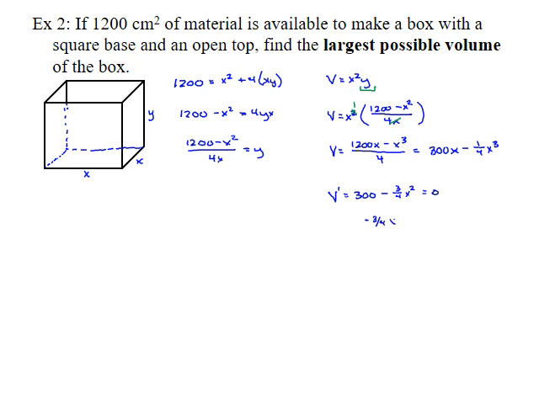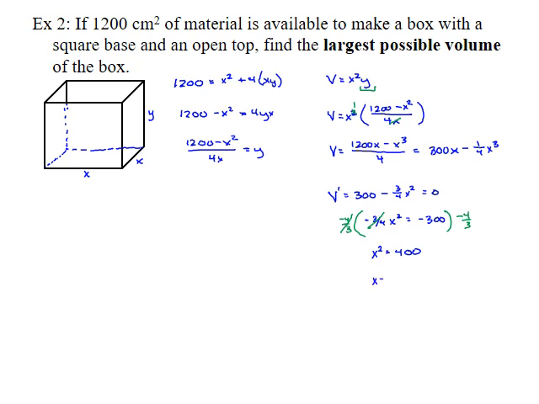So that is negative 3/4 x squared equals negative 300. I am now going to multiply everything by negative 4/3 on both sides, because the negative 4/3 and the negative 3/4 cancel each other. And then if I do negative 300 times negative 4/3, you should get 400.